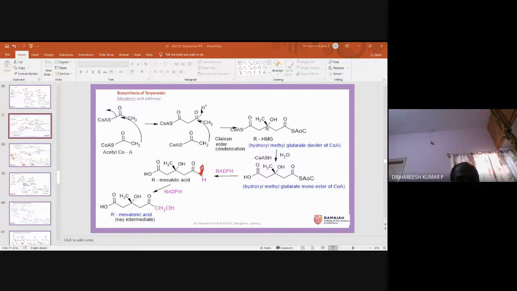So you may consider this as malonyl coenzyme A: acetyl coenzyme A, malonyl coenzyme A.